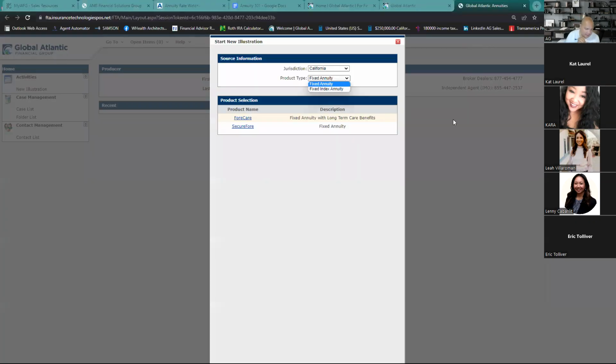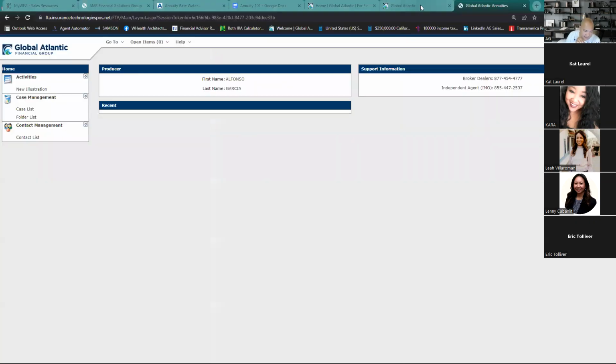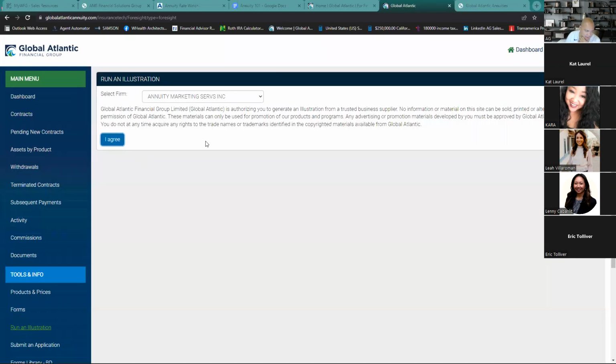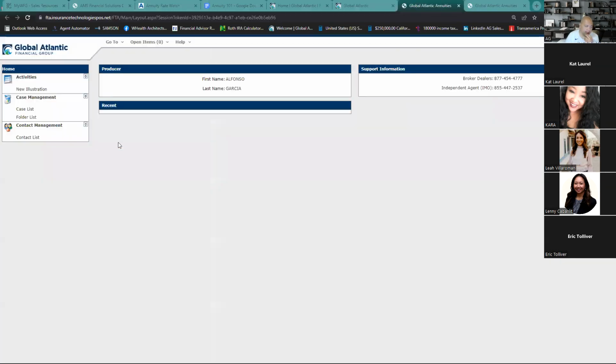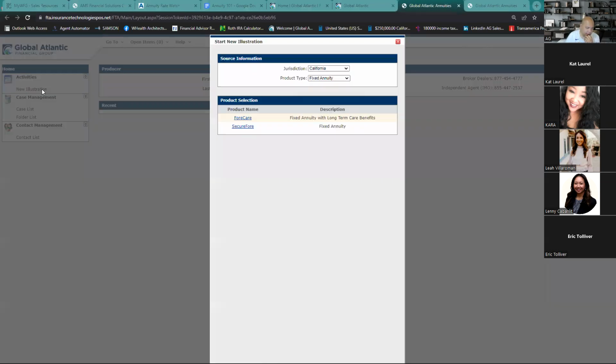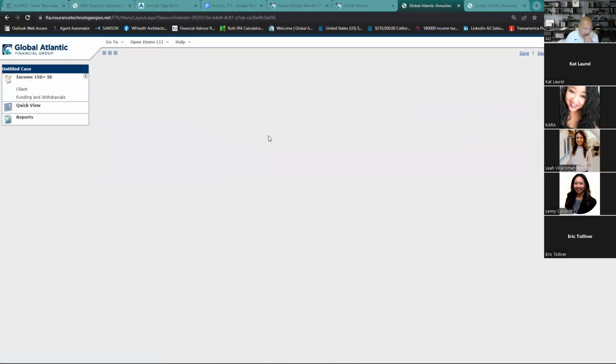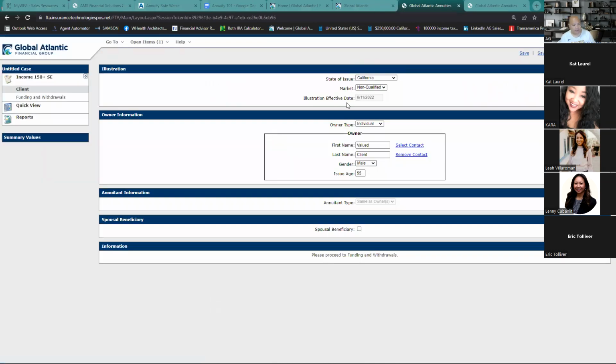Okay, so again, how do you get to here? You log into Global, click on I agree, click on new illustration. Again, this is a fixed index annuity, income 150 SC. Let's just say this is now a qualified one, a 401k or 403b.